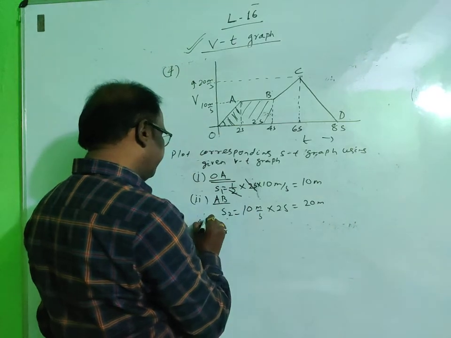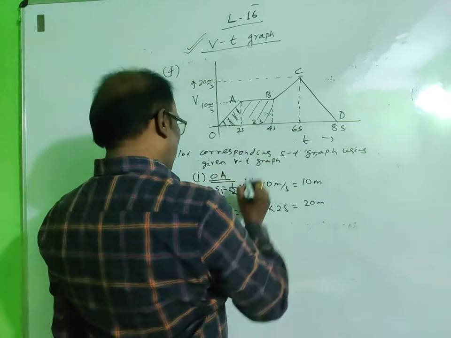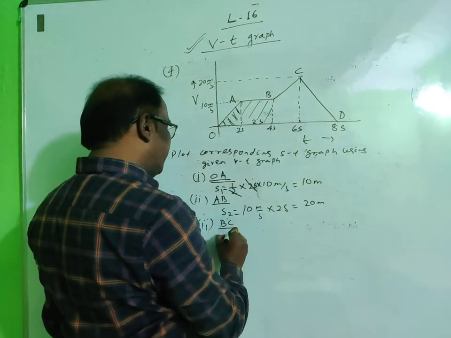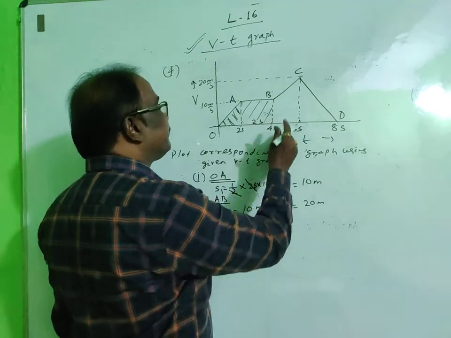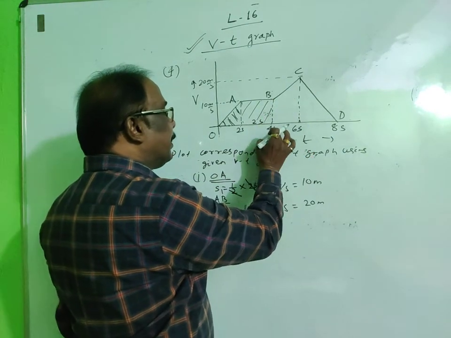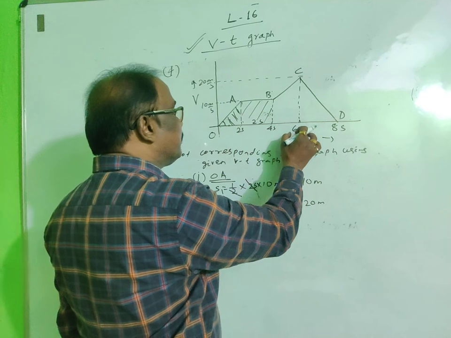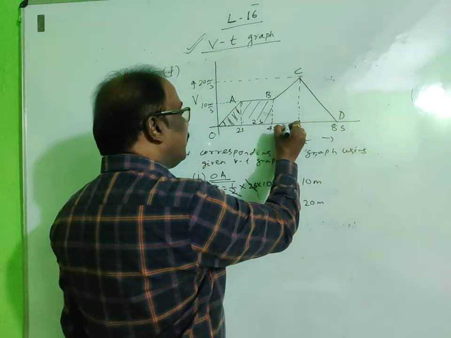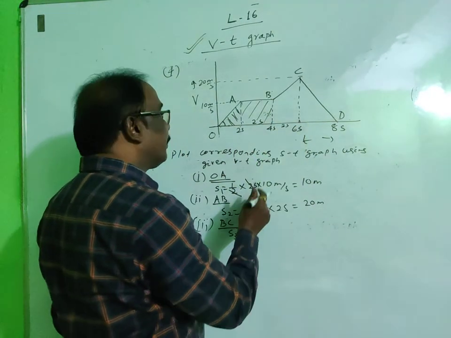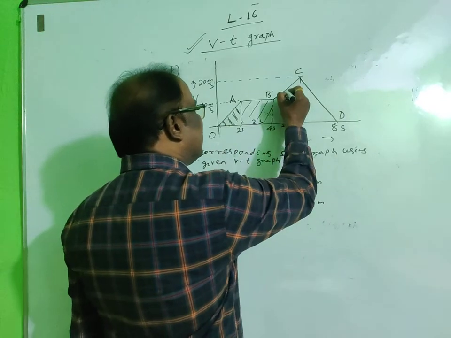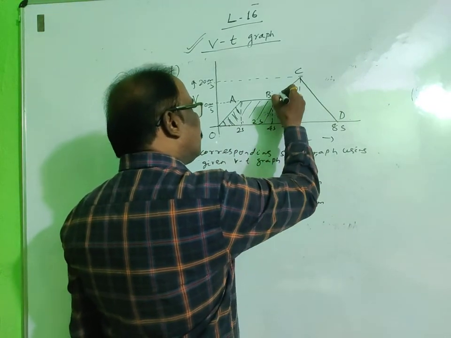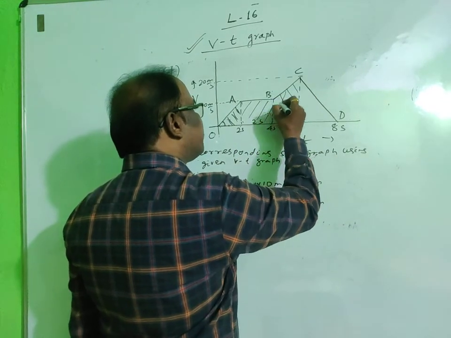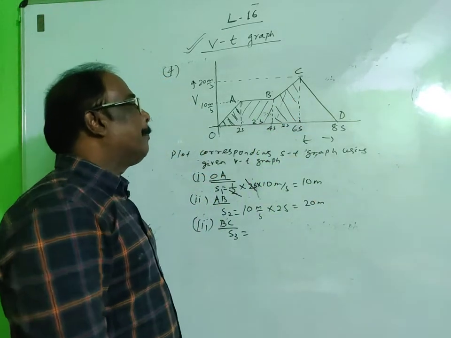Then third, in the region BC, let us find the distance travelled from 4 seconds to 6 seconds. Again the interval of time is 2 seconds. Total distance means total area under this graph BC.